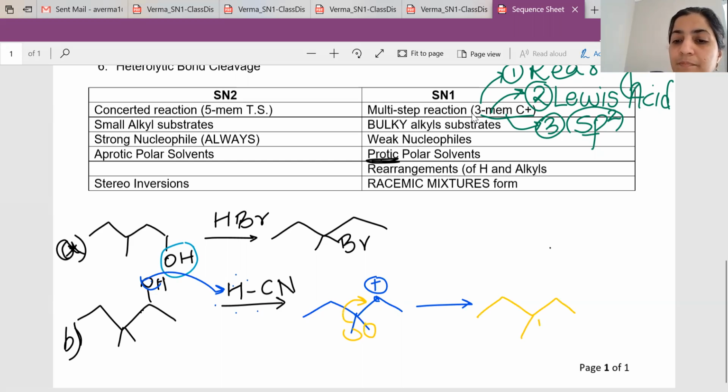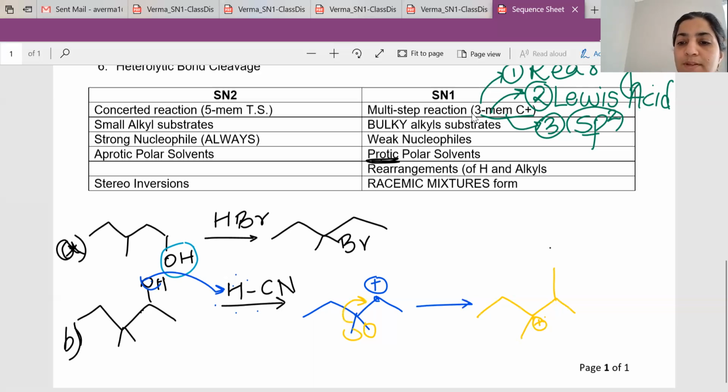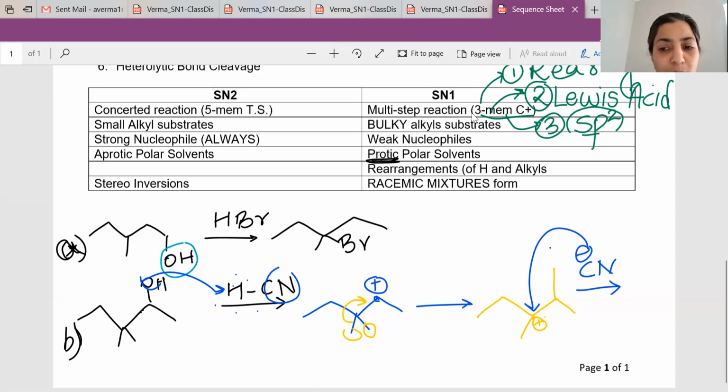And we get a methyl shifted carbocation. On this, the nucleophile, and what is the nucleophile right here? The cyanide ion will attack. Remember, a carbocation is a flat molecule. It will attack 50% chance from top, 50% chance from behind.